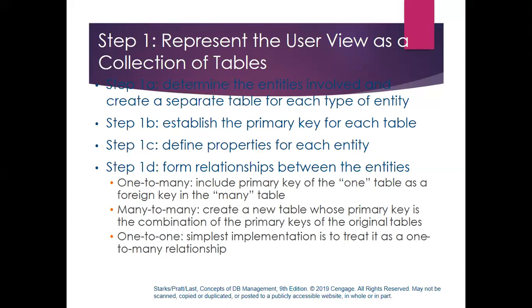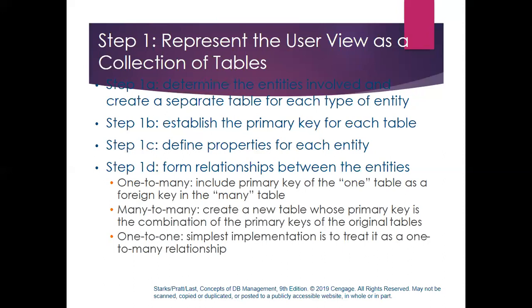There are 3 types of relationships in relational databases. These are one-to-many, many-to-many, and one-to-one. To establish a one-to-many relationship, include the primary key of the one table as a foreign key in the many table.